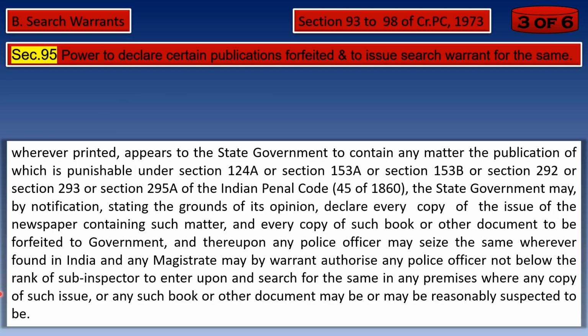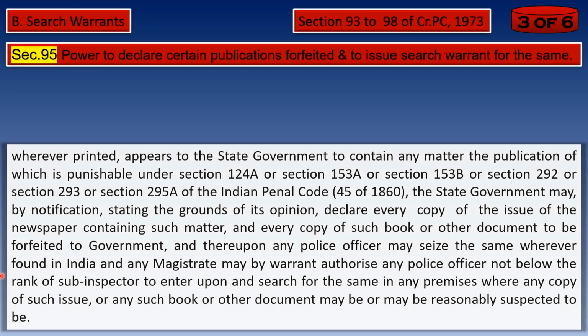Important point to remember: when a question comes regarding forfeiture of a document, do not forget to refer to clause B of subsection 1 of 95, and when forfeiture of any newspaper or a book is mentioned, it is given in clause A of subsection 1 of 95.